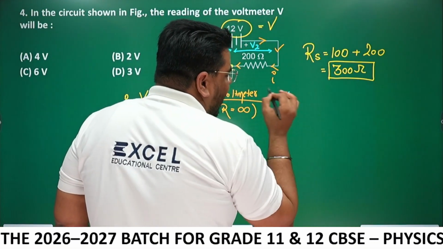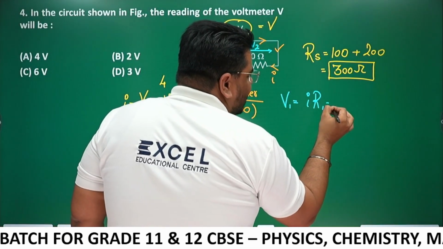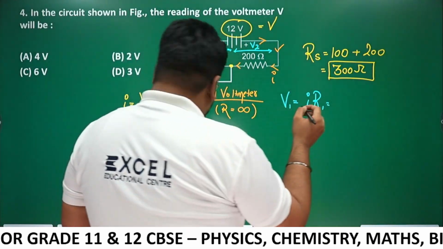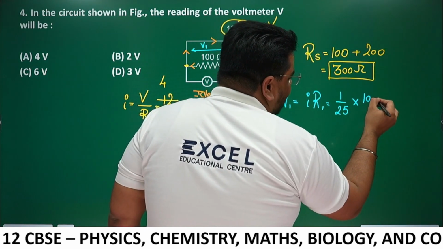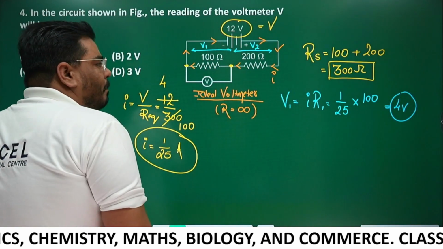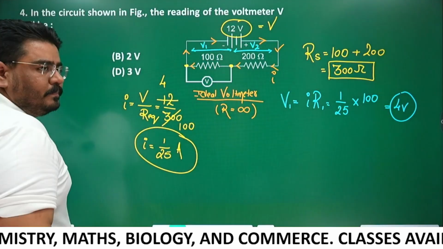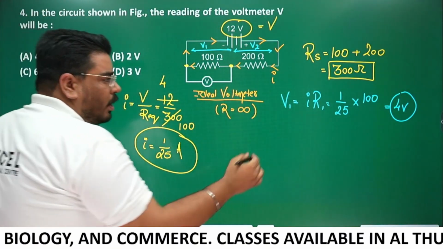And sir, how will I find that? Everyone, V1 can be written as I into R1. Sir, what is the current here? Current was 1 by 25 into the resistance 100. Sir, 4 volt is the potential drop across 100 ohm. And sir, what about V2?